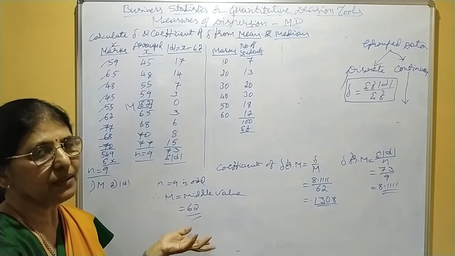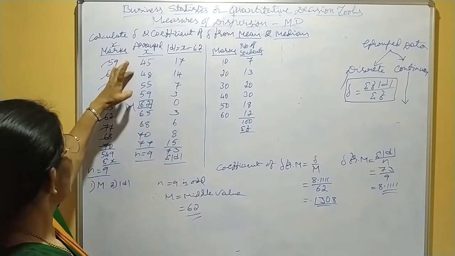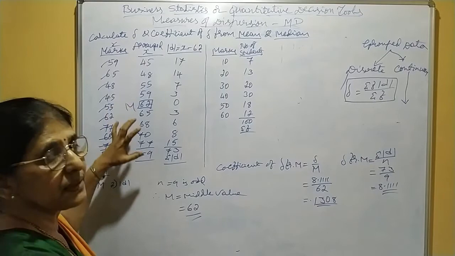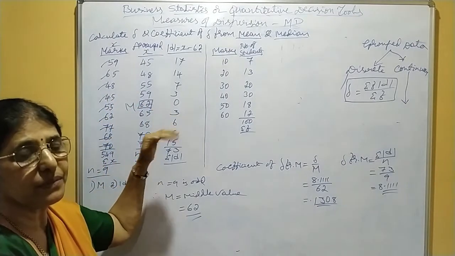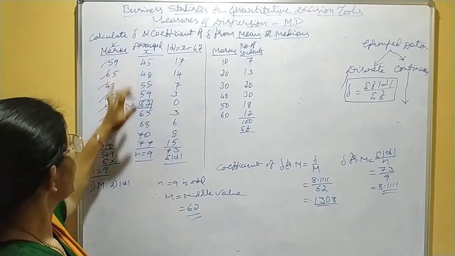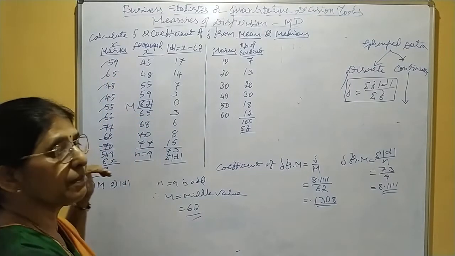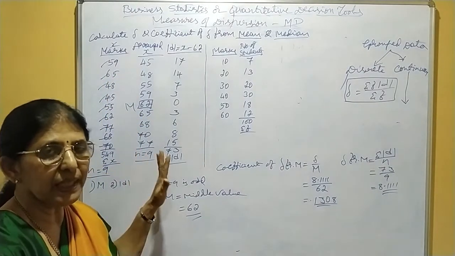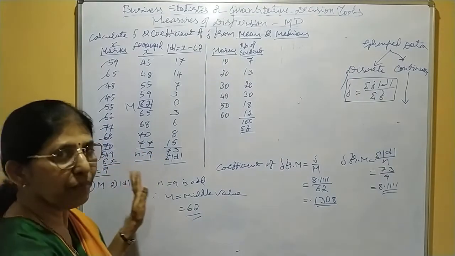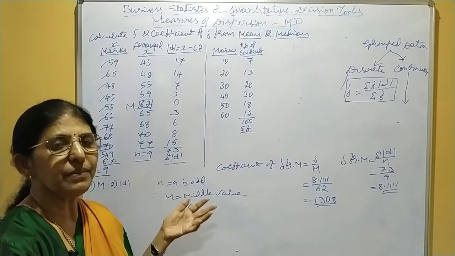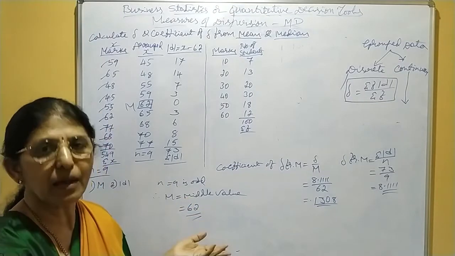Here none of the values is repeated, therefore in this problem we cannot take mode. If any one of the values of variable is repeated, then we may take even from mode. Usually it is asked from either mean or median or both.